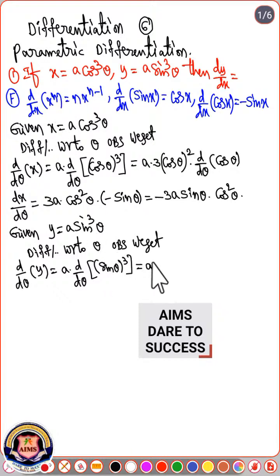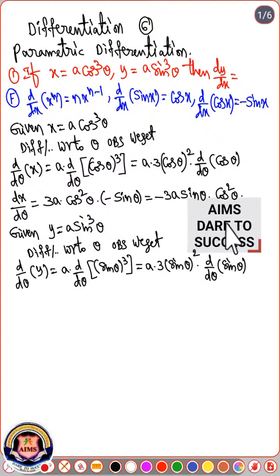We get a into 3 comes down, 3 into sin theta whole power 3 minus 1, that is 2. After that, the internal derivative: this looks like x but not exactly x, so we apply the internal derivative, that is d by d theta of sin theta.